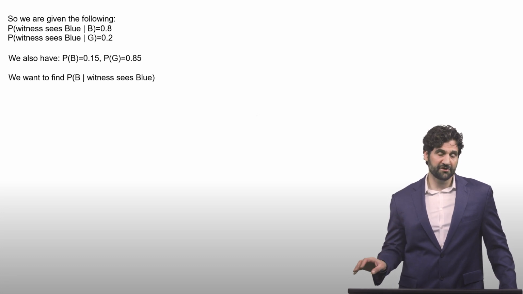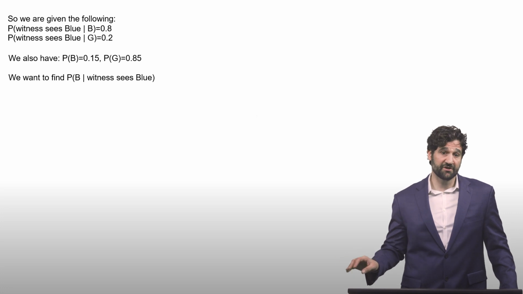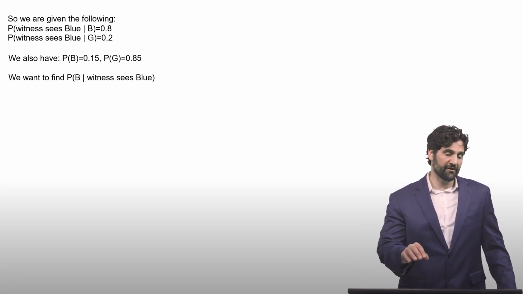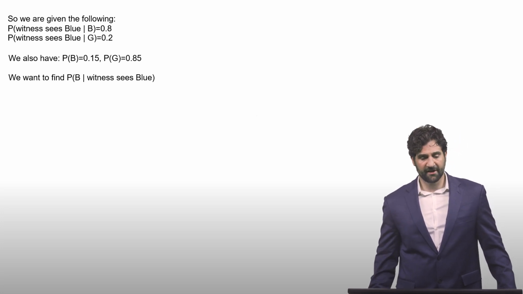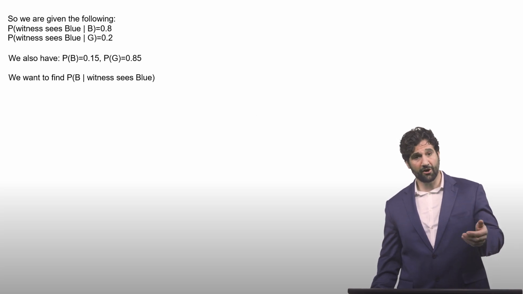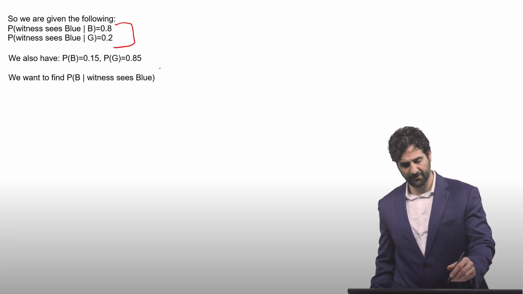What we really want is the probability that it's actually blue when the witness sees blue, because that's our evidence: the witness saw blue, and we want to know the probability that it's a blue cab. Again, you can see right away we're going from some causal information, which is up here, to some evidentiary reasoning.